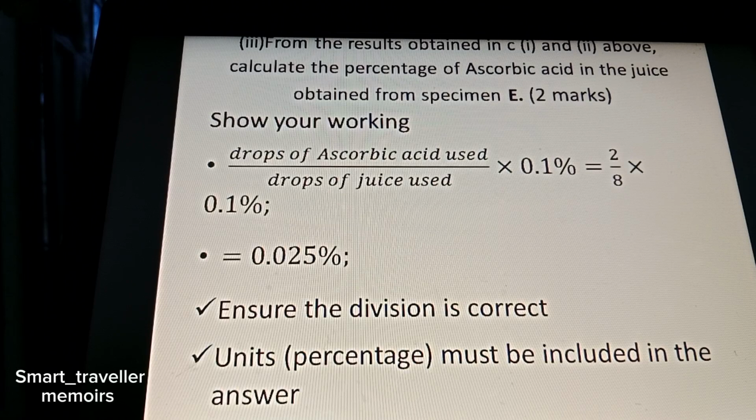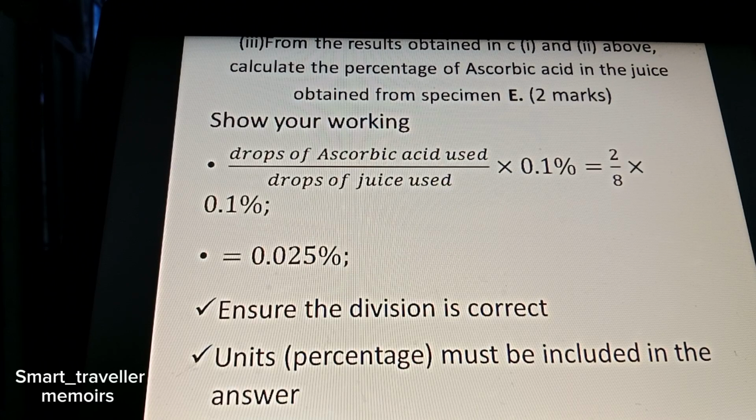From the results obtained in C1 and 2 above, calculate the percentage of ascorbic acid in the juice obtained from specimen E, 2 marks. Show your working. So there you have drops of ascorbic acid used over drops of juice used, times 0.1%.